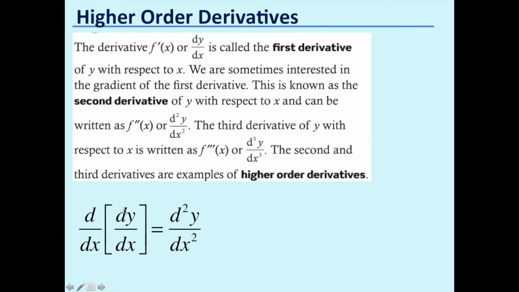And similarly here, for the third derivative, it would be d by dx of this function, which would then, if we multiply it out, give us d cubed y over dx cubed, but equally acceptable to use this notation. The one point to note is that if you go beyond f''', it gets a little bit long and complicated just to read it all out, so we would tend to write it as f to the 4 of x.